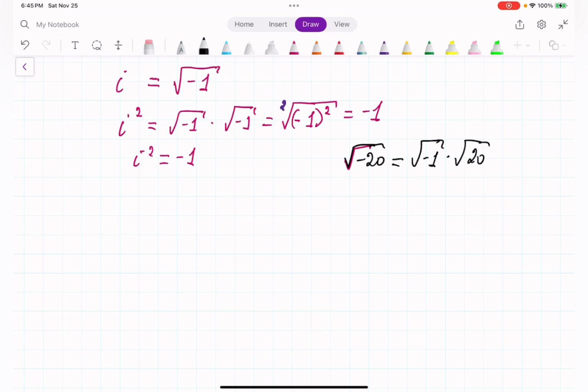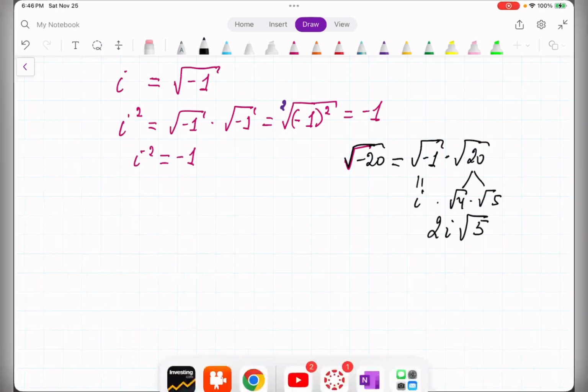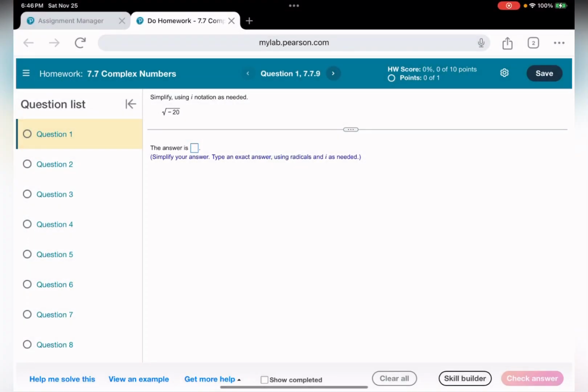Square root negative 1 is going to be I, the imaginary number, and square root 20 I'm breaking down as square root 4 times square root 5. Square root 4 is 2, so it's going to be 2i, and square root 5 stays underneath, right? Okay, 2i square root 5.